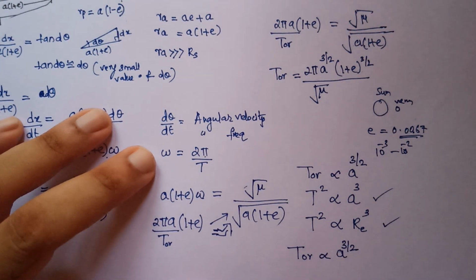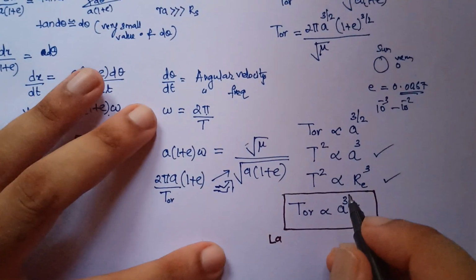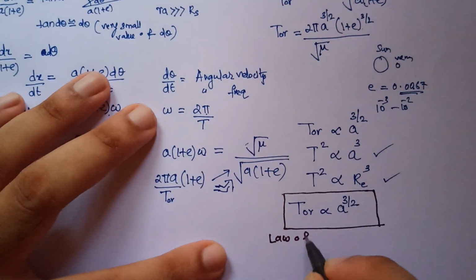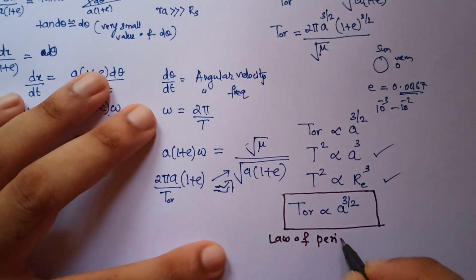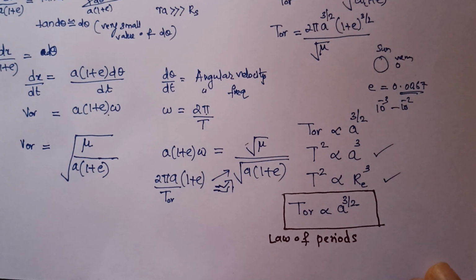So this is called the law of periods. This is explained in Kepler's famous Book of Harmonies, which he published around 1500. Probably this is one of his greatest contributions.